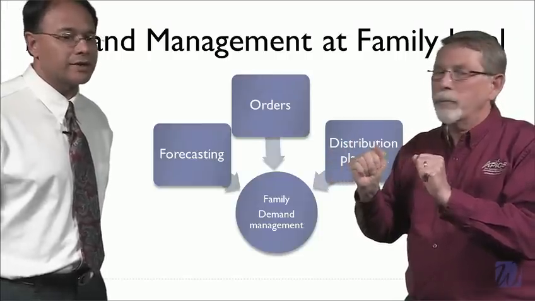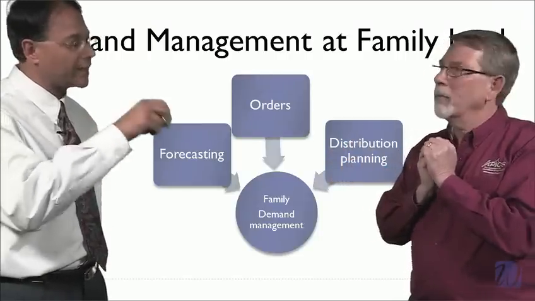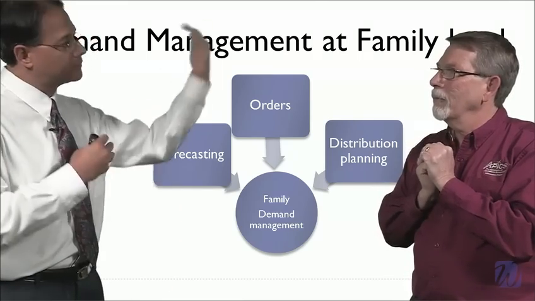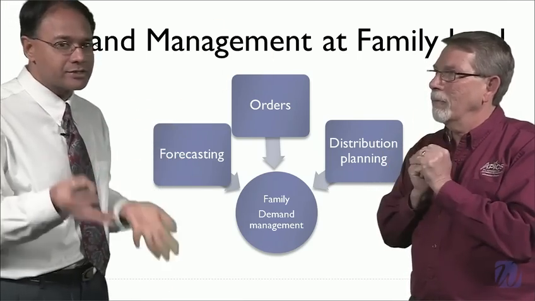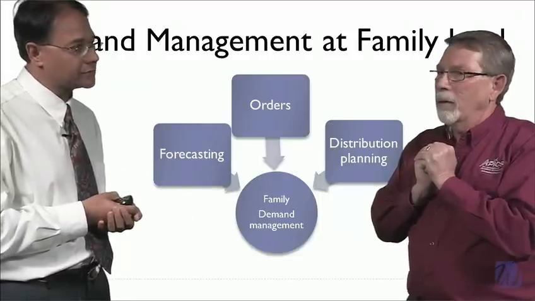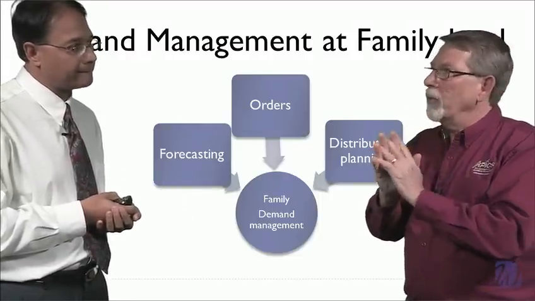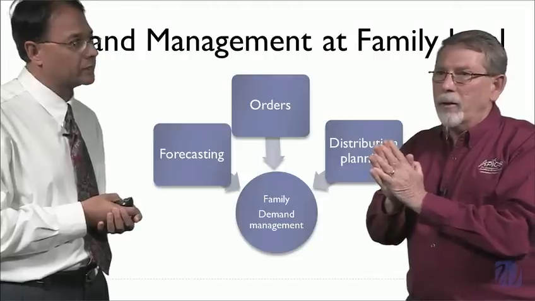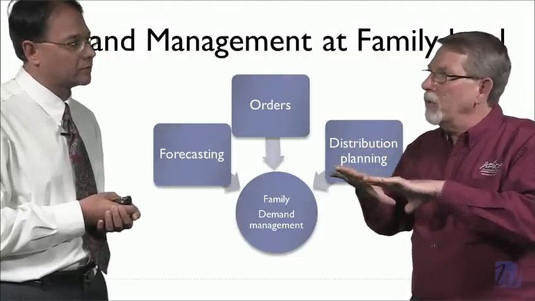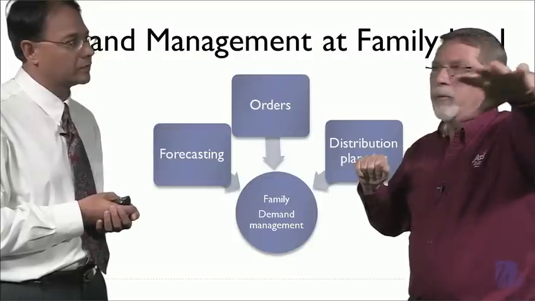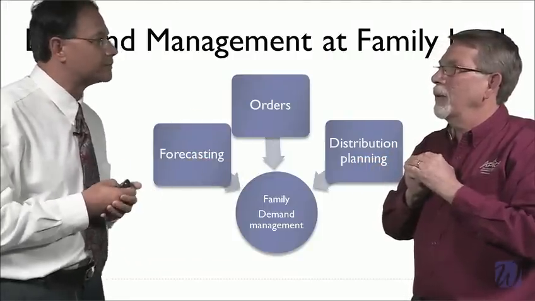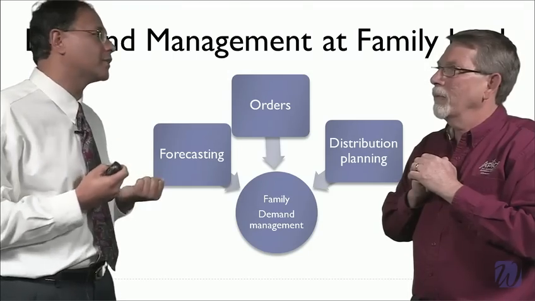Okay, that's good. We have orders on hand, firm orders, and then we've got forecasts based on past historical data. Now, what is distribution planning? How does that come into the demand management? Certain types of businesses, especially make to stock, usually need to take the finished inventory and put it out into the field. Let's say I make pencils. You're not going to be waiting for an order.